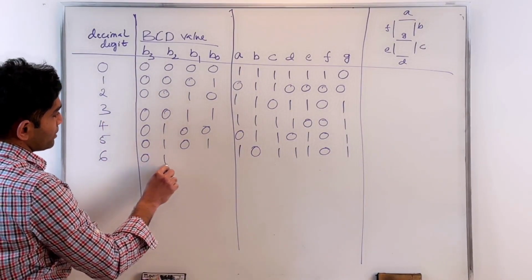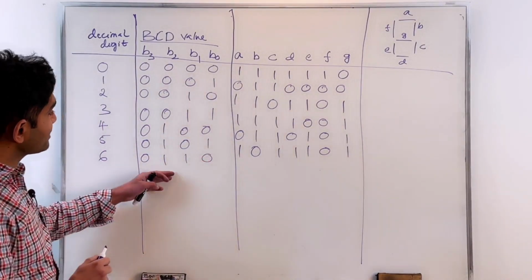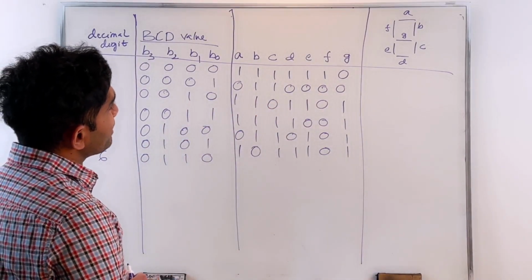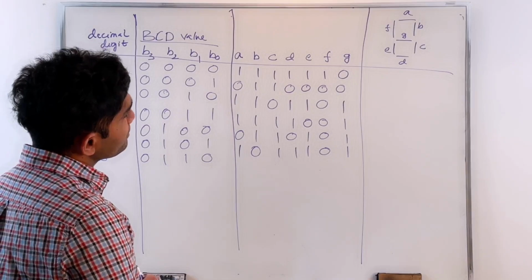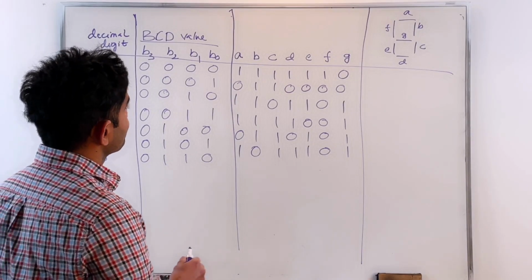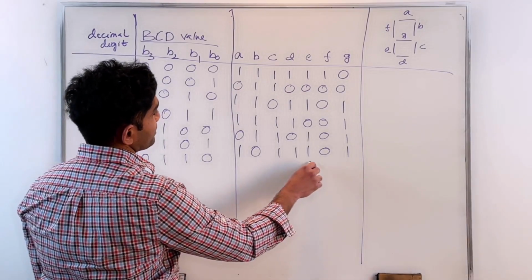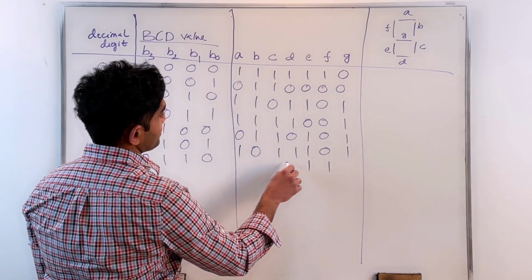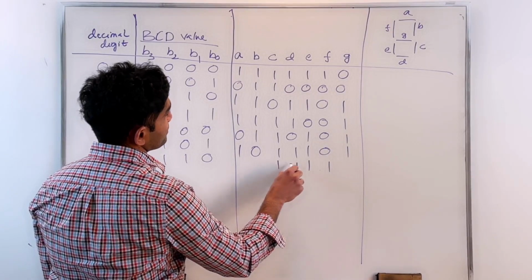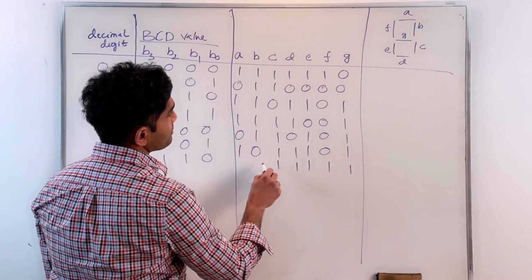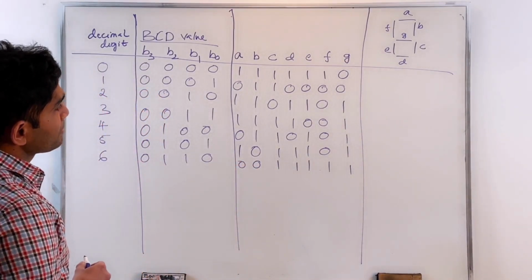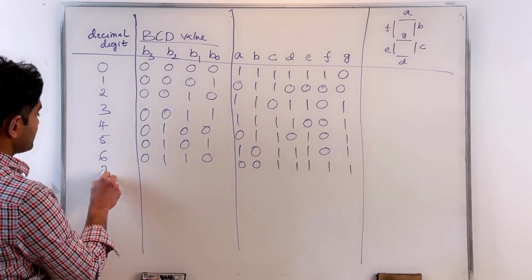6 is 0, 1, 1, 0. So I'm going to display 6, which is F, E, D, C, G, right? Is that correct?